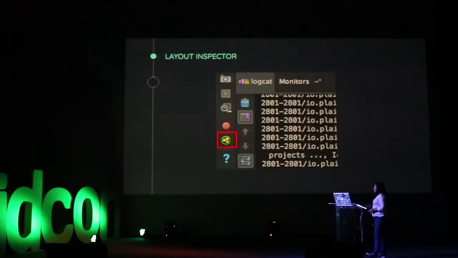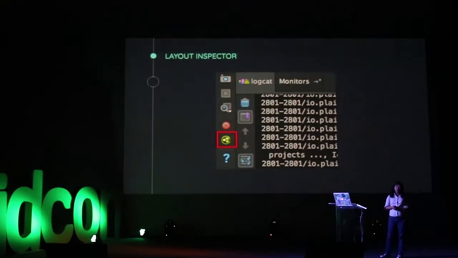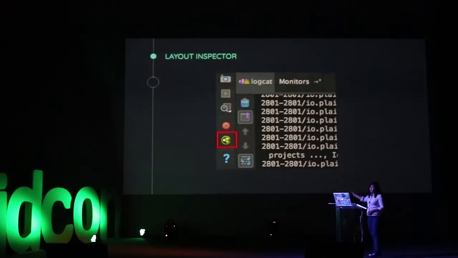When I'm working on an app, I think the most straightforward way to optimize it is to flatten your view hierarchy, right? So how do you start looking into what you can optimize in your view hierarchy? You use Layout Inspector. It's that button right there. You click it in Android Monitor.